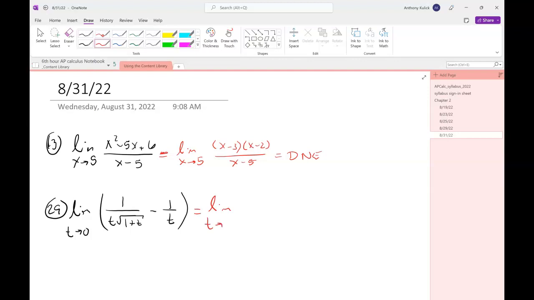And we might end up having to multiply a conjugate also, but we'll just see where that takes us. So I'd have 1 minus square root 1 plus t in the numerator over t times square root 1 plus t in the denominator.